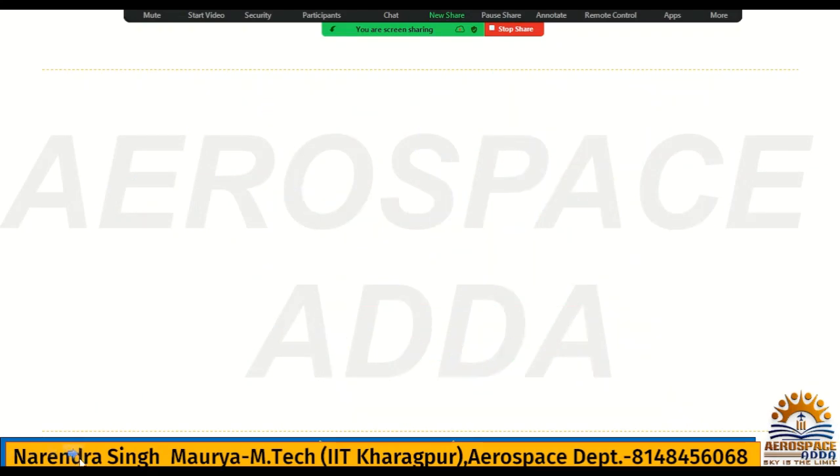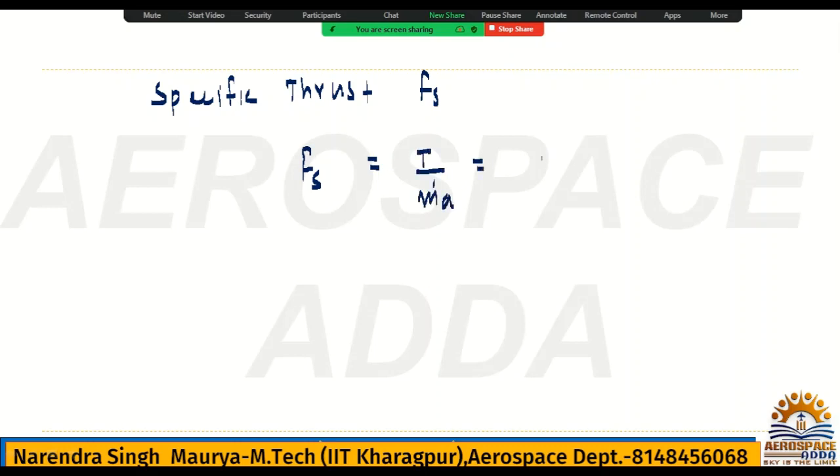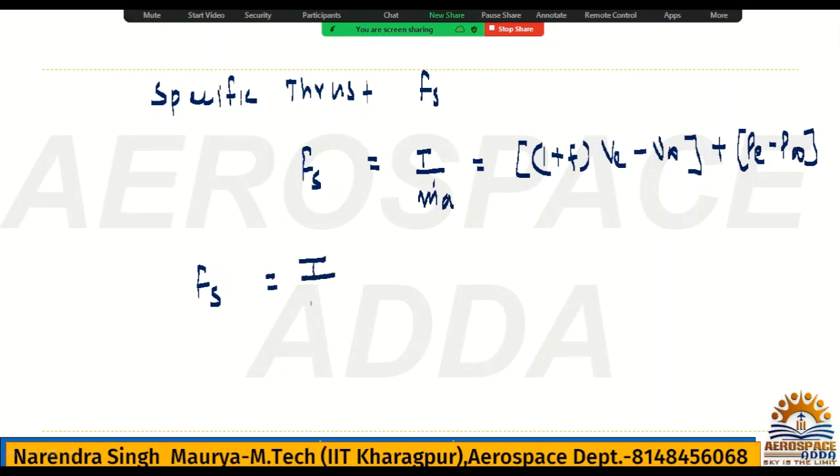Now the specific thrust Fs, F divided by m dot a, is nothing but 1 plus small f, Ve minus V infinity, plus all values you have to write here, P by 1 plus f.